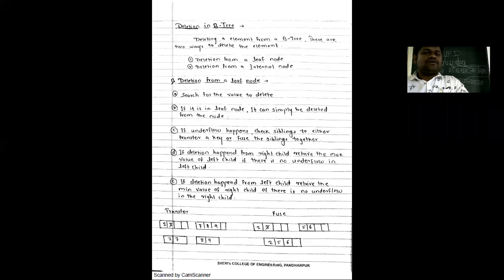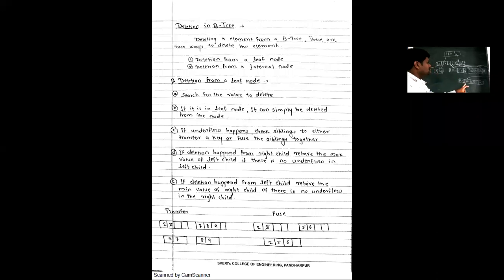Deletion of an element has different cases we need to consider. Suppose you want to delete a leaf node, or the key value is present at a leaf node, then it is very simple. Suppose you want to delete 23, is there any change you need to do? Simply you can delete the 23, right?